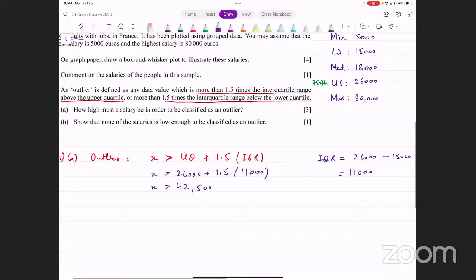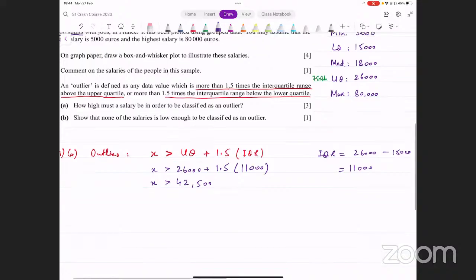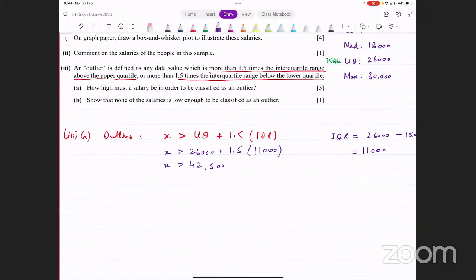So in order to be classified as an outlier, the salary would need to be greater than 42,500. That's what it means.